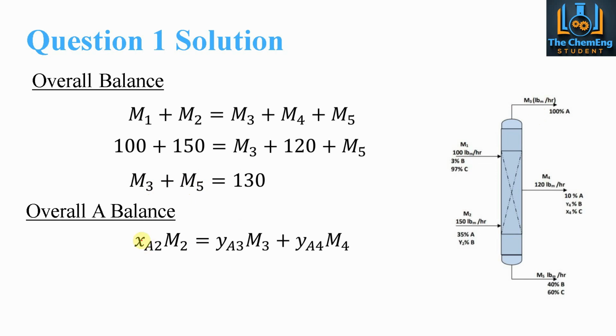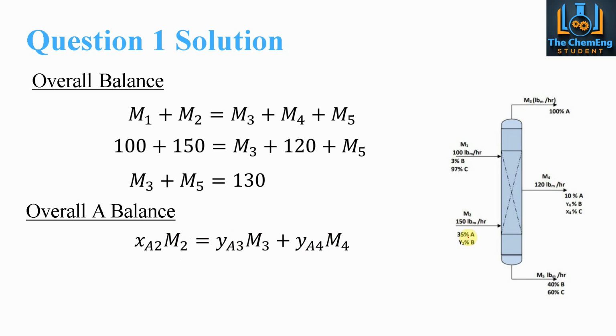So we'll take the individual compositions multiplied by their respective streams. So we can see here that component A is in M2, it's in M3, and it's also in M4. It doesn't feature in M5, so we can get rid of that. And what we'll see here is we know the values of M2 and M4.